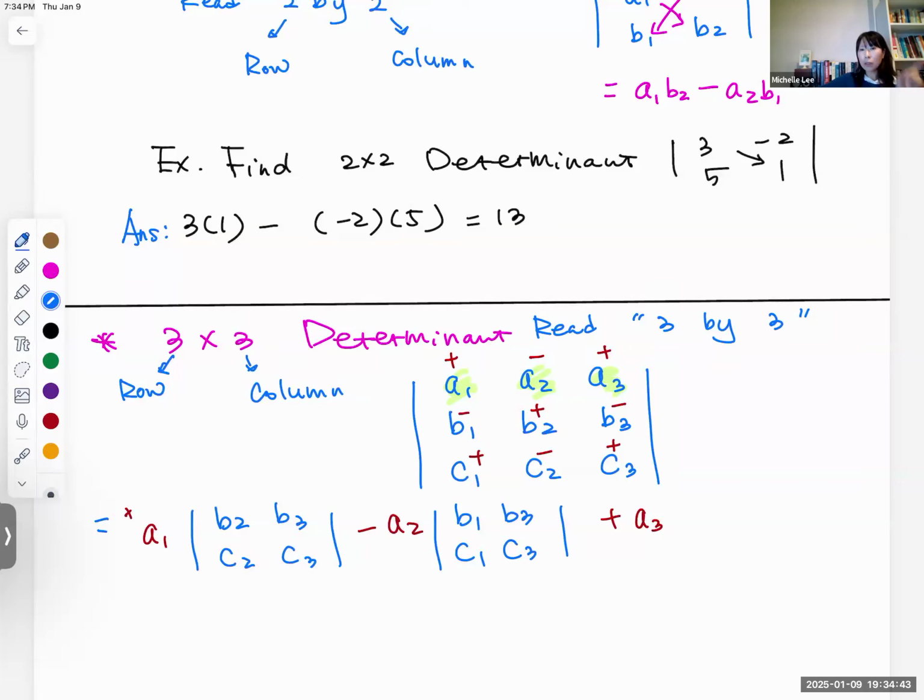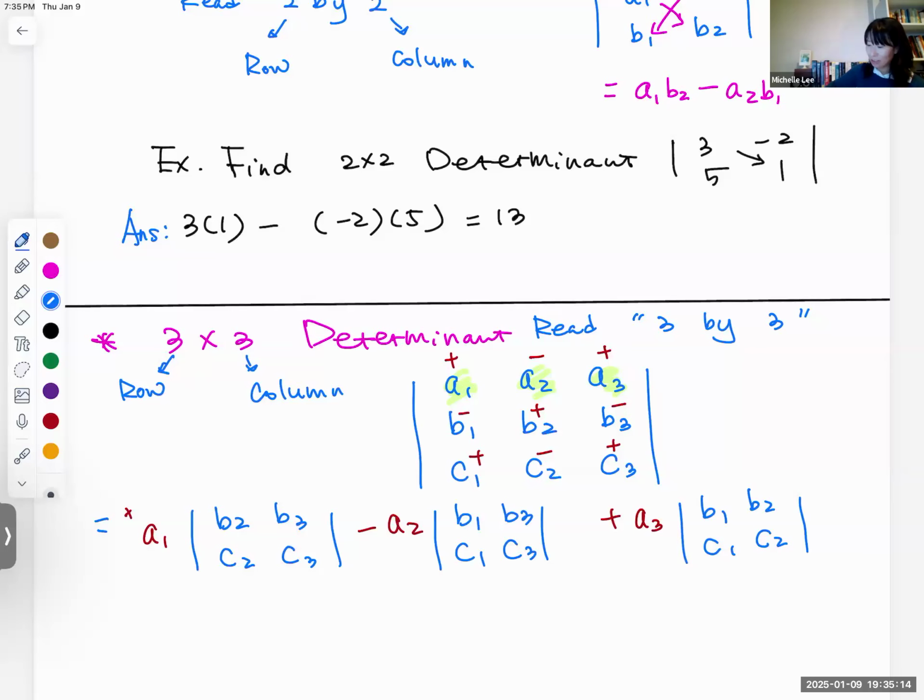Okay, now we factor out a sub 3, then we are using only these numbers. So that will be b sub 1, b sub 2, c sub 1, c sub 2.